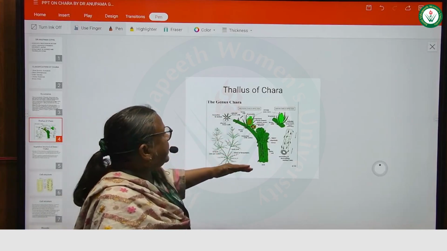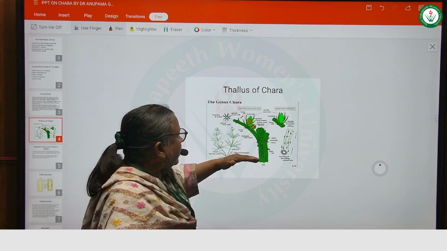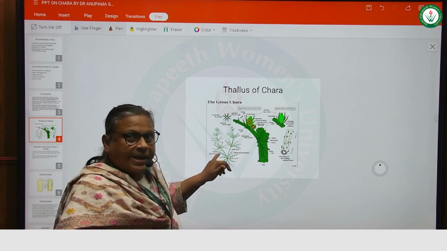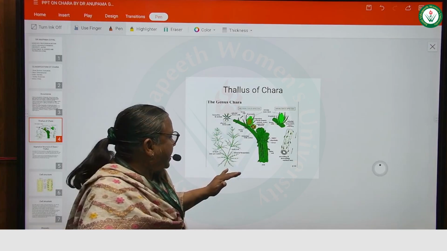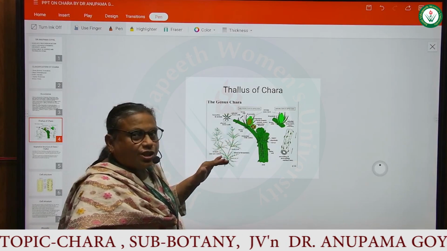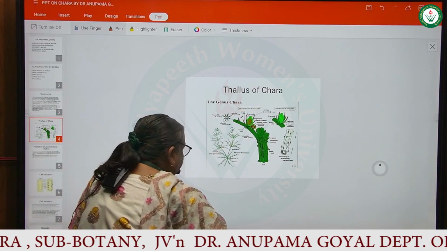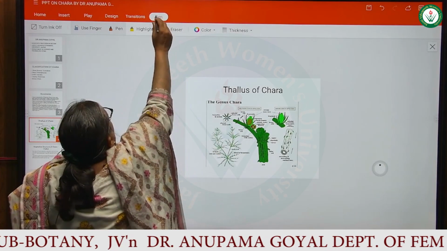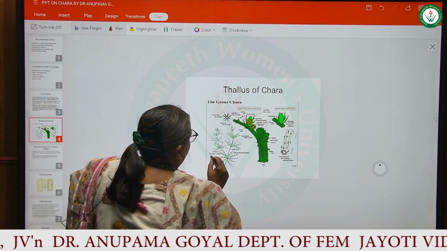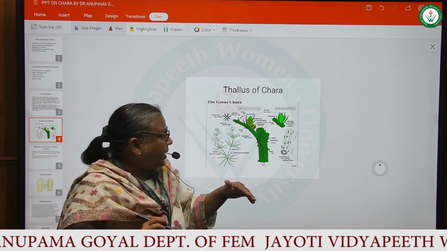This is the thallus of Chara. This diagram shows the thallus of Chara, and you can very well see the main axis. The main axis in Chara is divided into nodes and internodes, and from the nodes the branches come out.